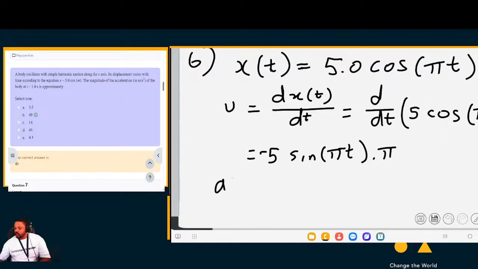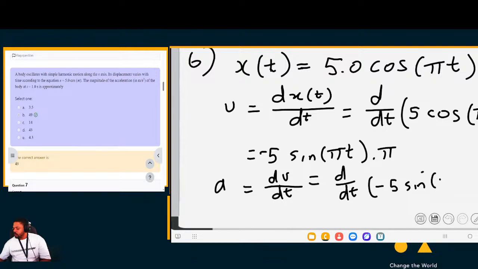Now what is the acceleration in terms of t? Acceleration is just dv/dt. It is the time derivative of the velocity. So it's d/dt of negative 5 sine pi t times pi. If you find its derivative, we have the acceleration.